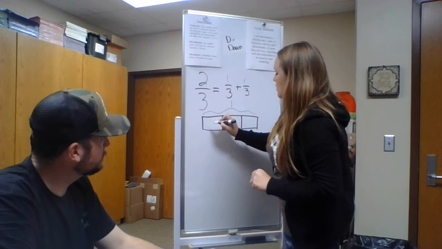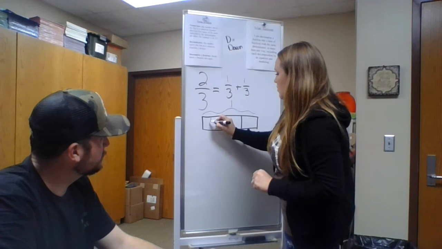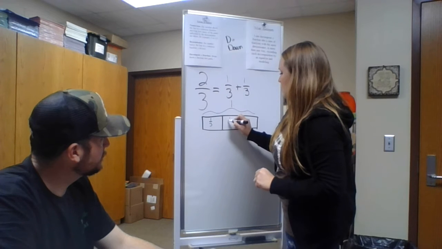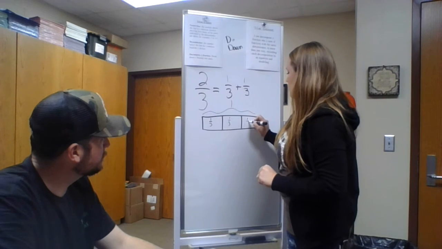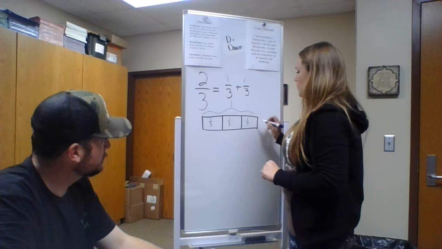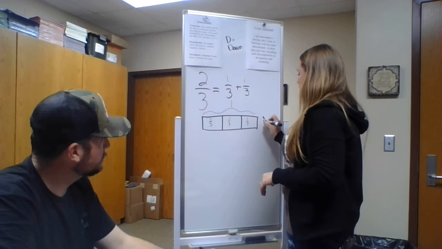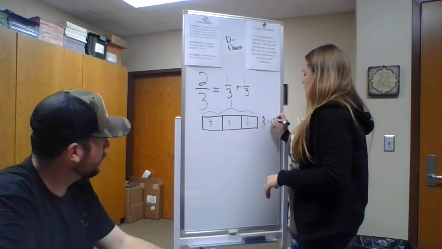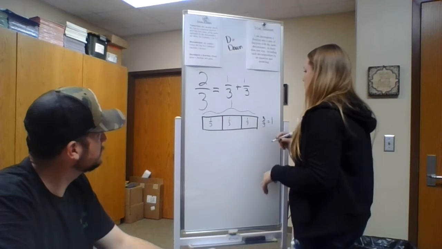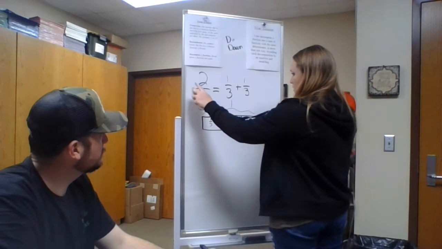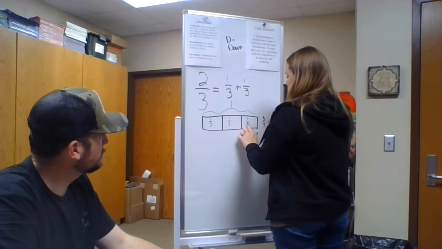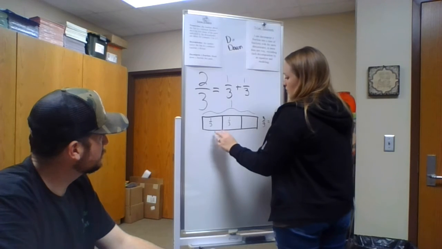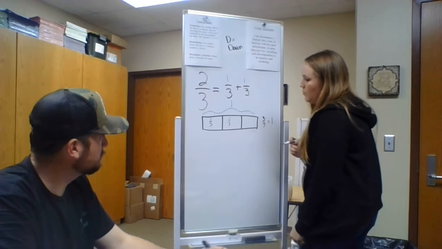You're going to put 1/3, 1/3, and 1/3, because if you added all those together, you'd have 3/3, which would equal 1. In this one, we're just going to do the 2/3, and you would just show that you broke that down by 1/3, 1/3.